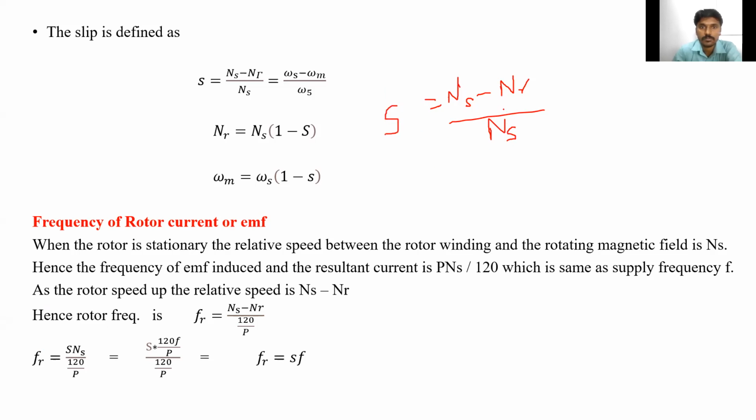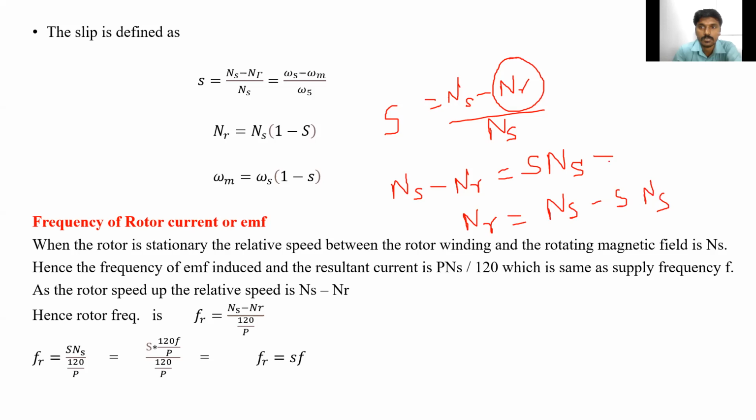From this equation, how can we find out the motor speed? We need to find the motor speed, so ns minus nr is equal to s into ns. Clear? So from this equation, what can we write? nr is equal to ns minus s into ns. Can we write like this?